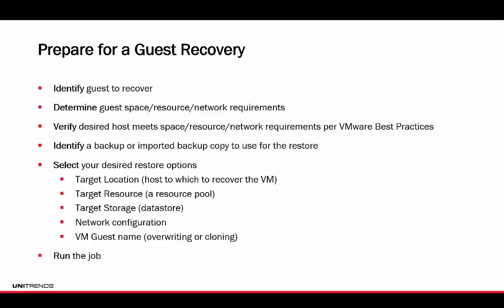You're going to identify the guest to recover. You're going to determine that the guest has enough space and resources and network requirements. You're going to determine and figure out what those are. Then you're going to verify that the host can meet the space and resource and network requirements based on step number 2. How big is the machine? What networks do I need to go to? Does that host have that configuration and storage and resources that I can restore it to?